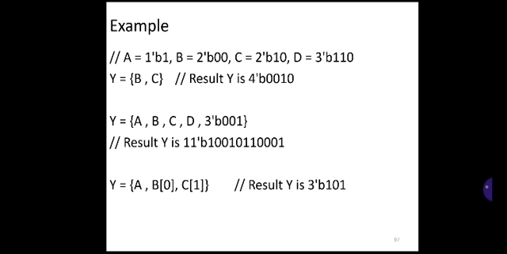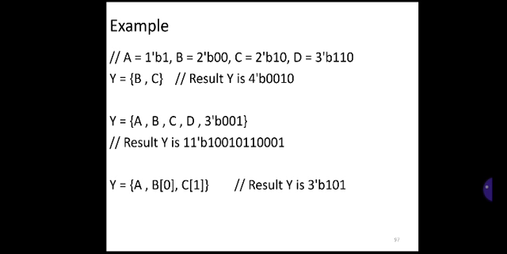Now observe, B value is 2-bit binary 00 and C value is 2-bit binary 10. Therefore, B comma C appends the result into Y. So 00 and 10 together is 0010.